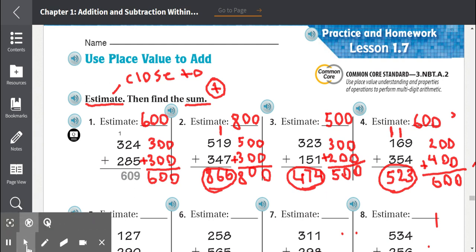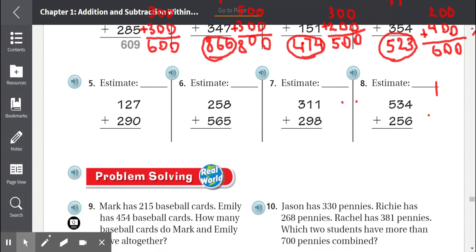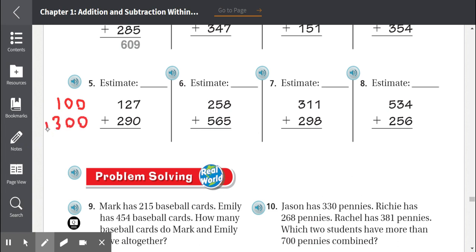Number 5. Let's start by estimating. We have 127. 127 is between 100 and 200, but it is closer to 100. 290 is between 200 and 300, but it is closer to 300.